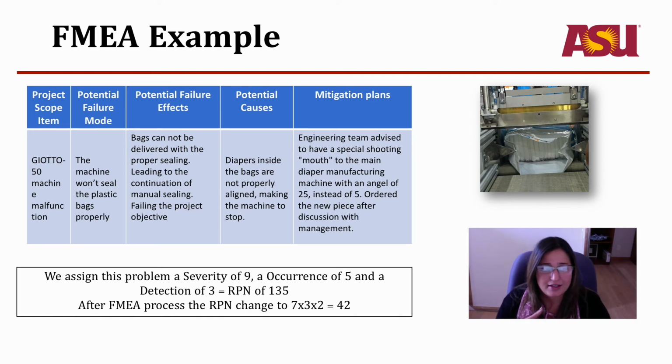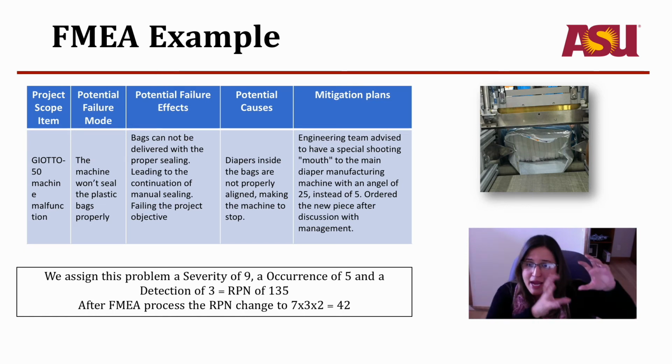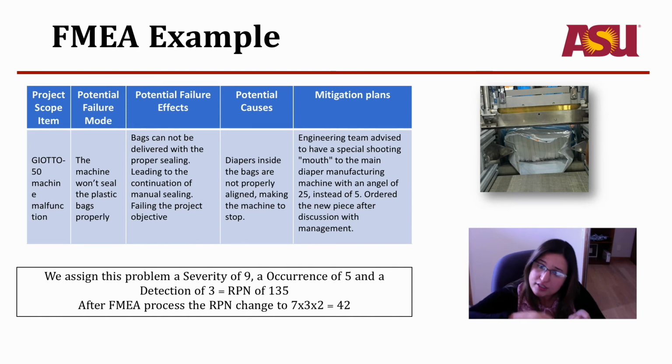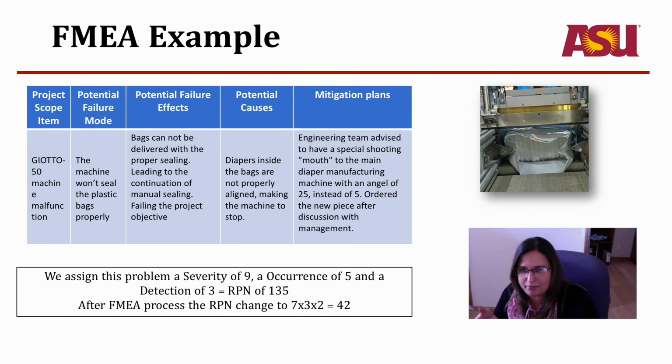As a potential cause, I identified that the diapers inside the bag were not properly aligned. My semi-automatic machine was the second machine. We had the main machine, which makes the diapers, and that main machine had a shooting range where it put 12 or 10 diapers, and it shoots the diapers, and somebody holds the bag, and the diapers go inside the bag, and that person puts this bag full of diapers in my semi-automatic machine.